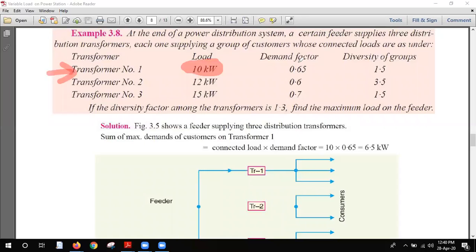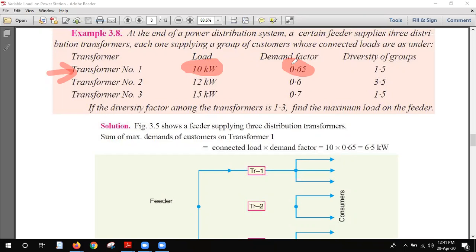A demand factor is given as 0.65. What does it mean? We know that demand factor equals maximum demand divided by connected load. Though we have a connected load of 10 kilowatt, at a single time, at maximum, we use 0.65, that means 65% of that.